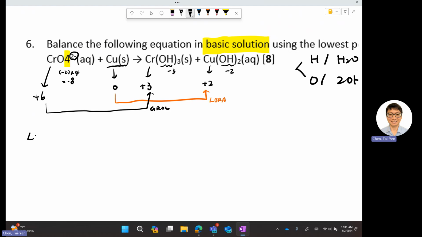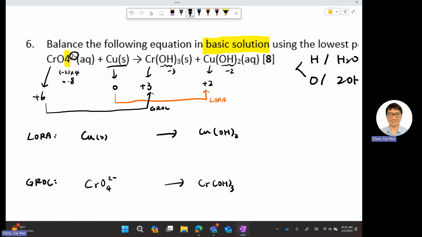So again, your LoRa is Cu becoming Cu(OH)2, and then the G-Rock will be CrO4 2 minus becoming Cr(OH)3. Then we want to balance the atoms, right?